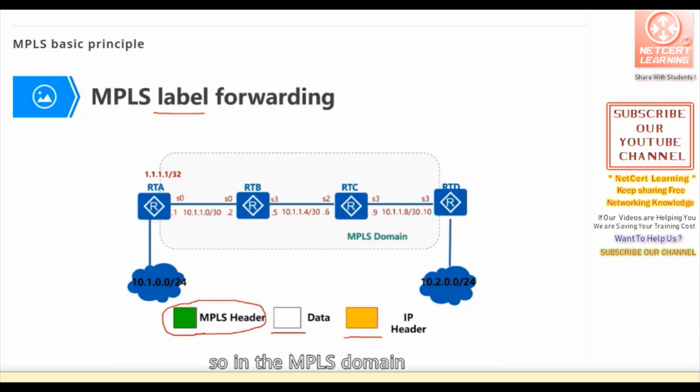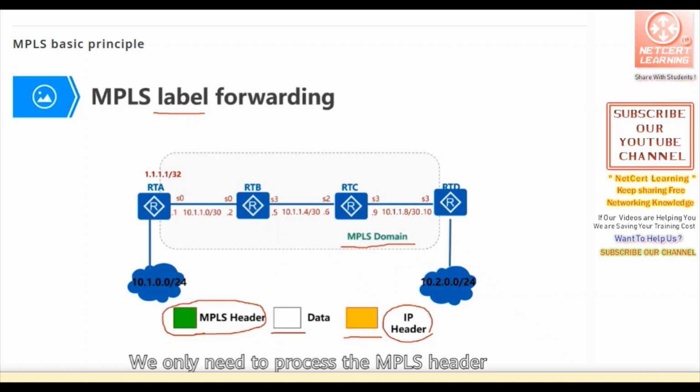In the MPLS domain, we don't need to check the IP header or the destination IP against the routing table. We only need to process the MPLS header, which contains the labels. So we search the MPLS label table to find the next hop, then forward the data to the destination.